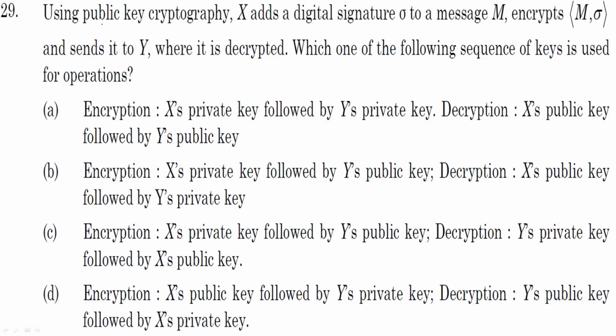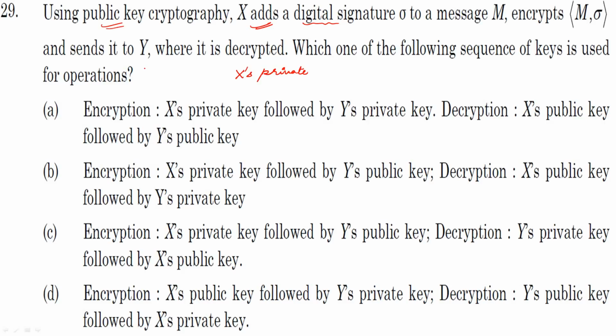So here you are having public key cryptography. X adds a digital signature sigma to a message M, encrypts and sends it to Y. First the digital signature is added. X would be using his private key for the digital signature, and sends it to Y where it is decrypted.